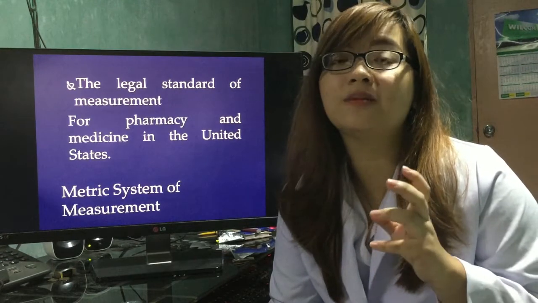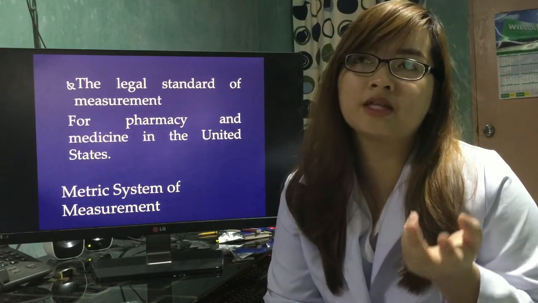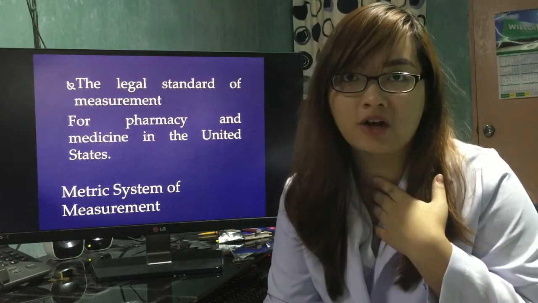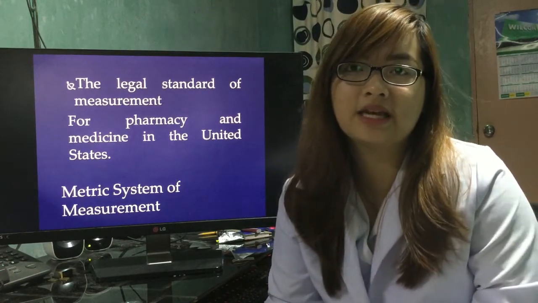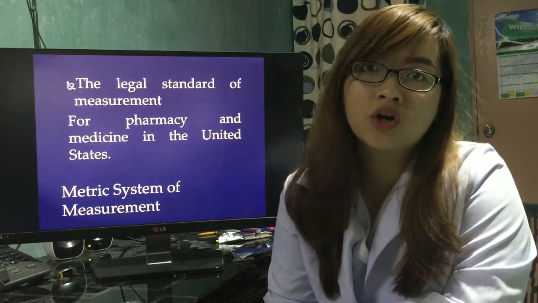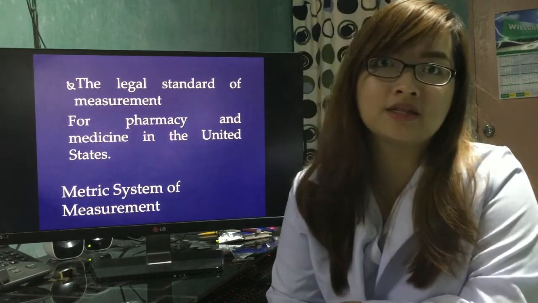It is based on the decimal system, and all units are described as multiples of 10. The correlation among units of measure is more distinct than in other systems of measurement, simplifying calculations and aiding in the accuracy and precision of measurements.